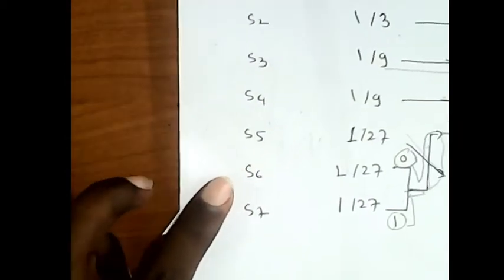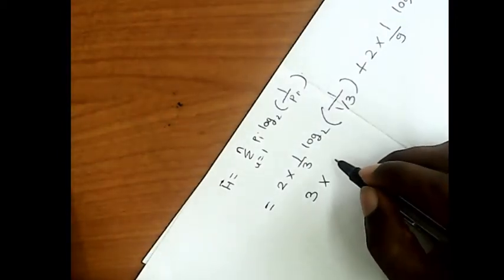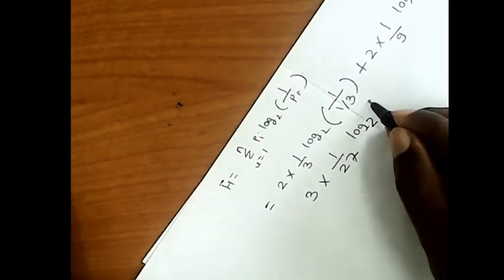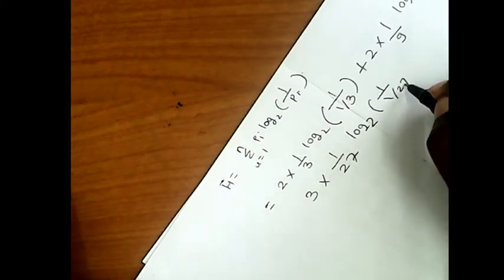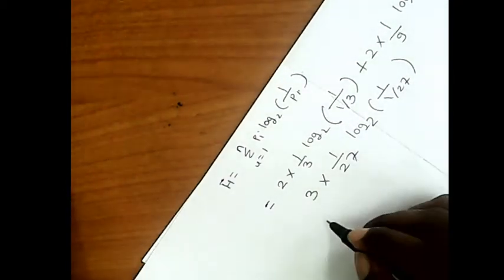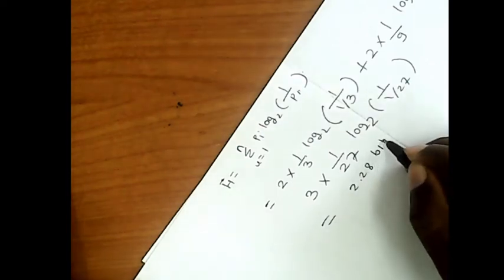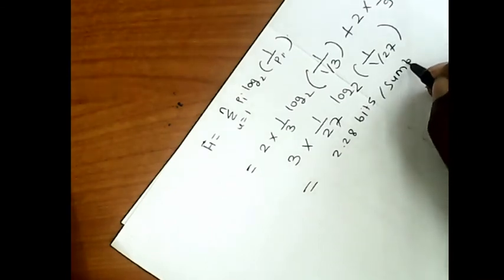Similarly the probabilities of S5, S6 and S7 are 1 upon 27, 3 times, so we take 3 times 1/27 log to the base 2 of 27, which comes out to be 2.28 bits per symbol.